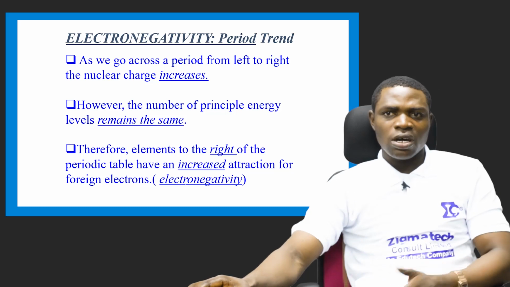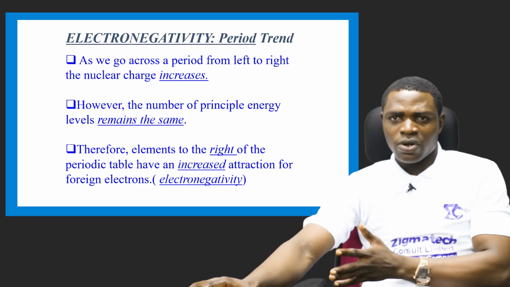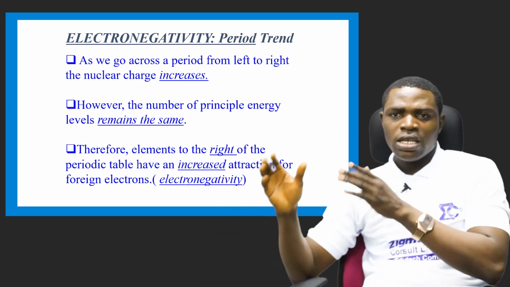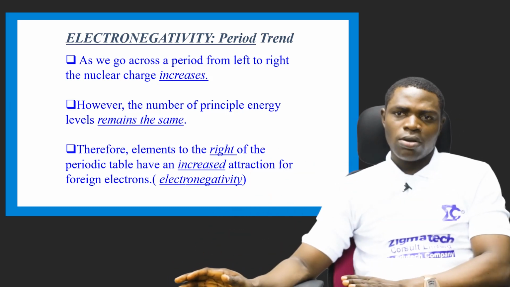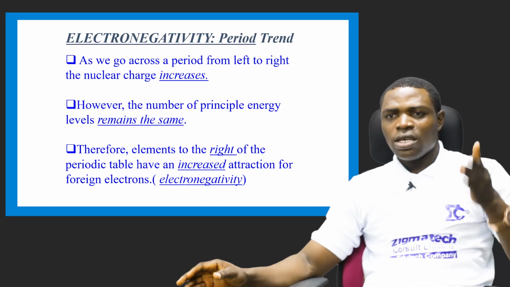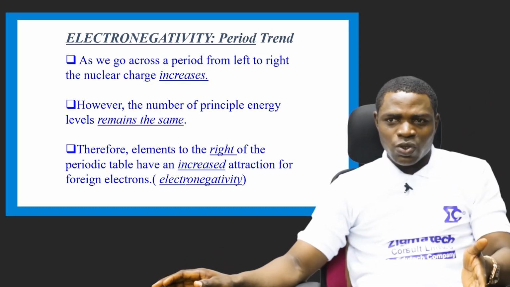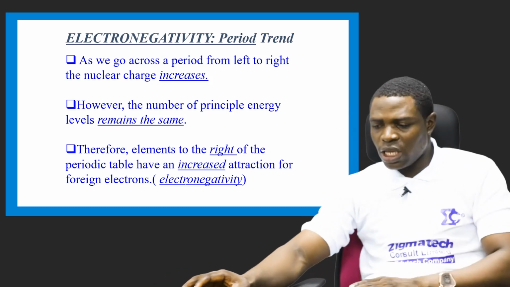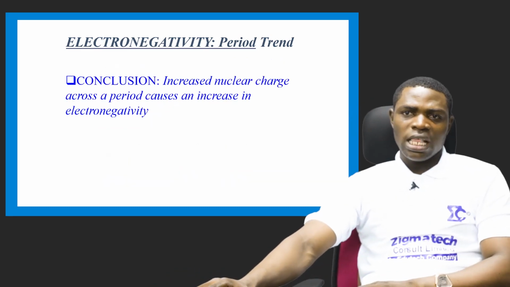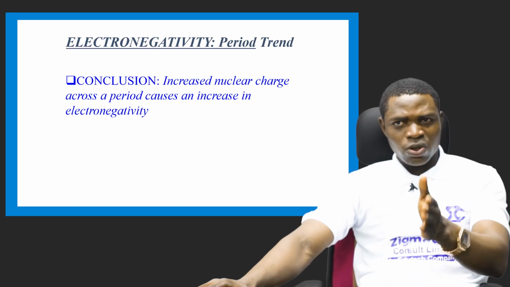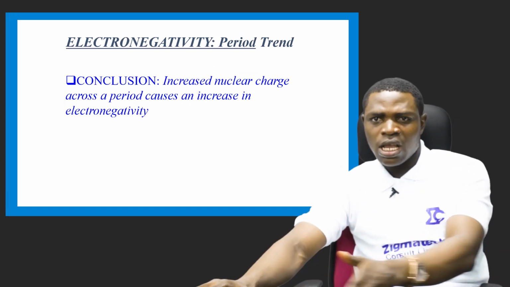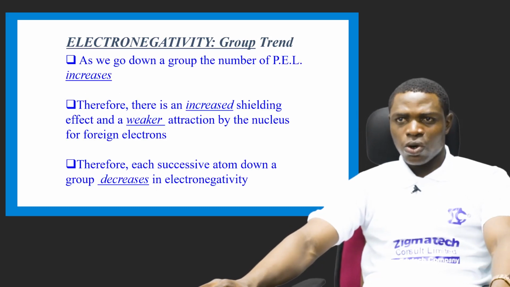So as we go across the period from left to right, the nuclear charge increases while the PEL remains the same. Therefore, from the left to the right of the periodic table, there is an increased attraction for foreign electrons, which we call electronegativity. So conclusively, we say increased nuclear charge across the period causes an increase in electronegativity.